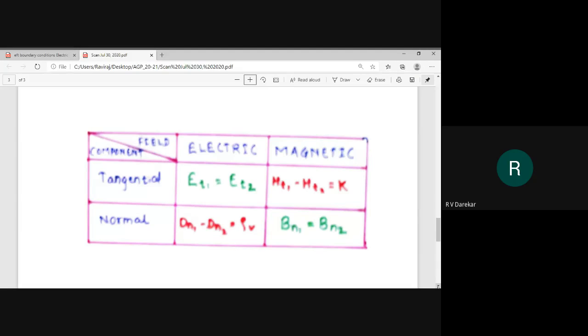Intentionally again they are shown with the green color, whereas the tangential component of magnetic field are discontinuous and normal components of the electric field are discontinuous, as we had seen in the derivation. Intentionally they are shown by the red color.